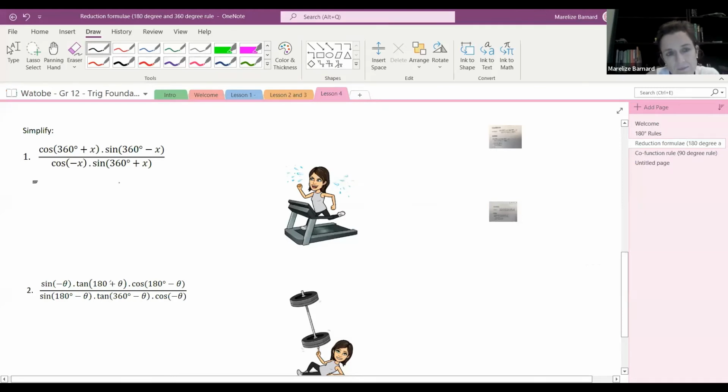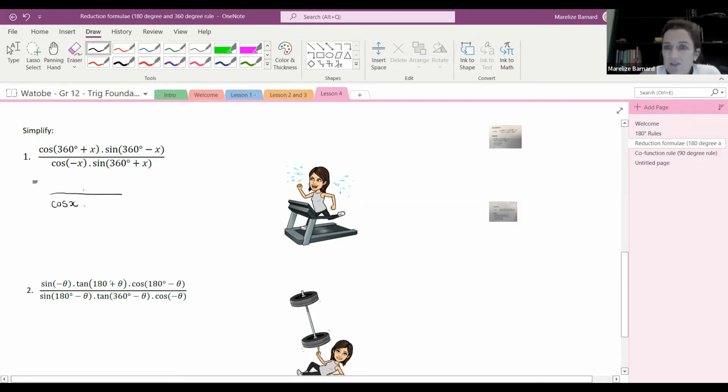And then I think it will also change to negative sine x. And then cos negative x is in quadrant 4 where cos is positive. That one will change to cos x. And sine 360 plus x is in quadrant 4 where sine is negative. So if we reduce everything and then we divide, I think we'll get -1.